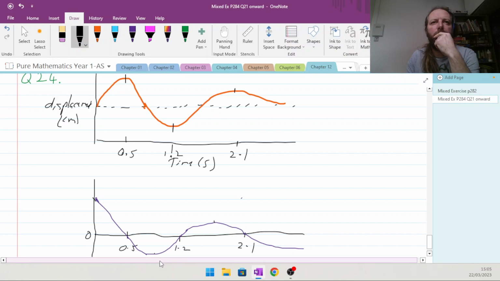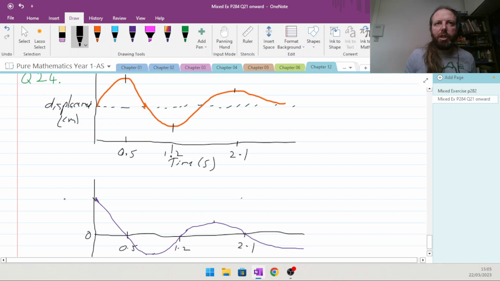So what do we want for this? It's going to be the change in centimeters given the change in time.